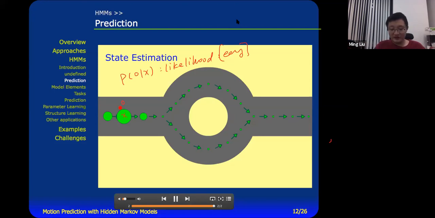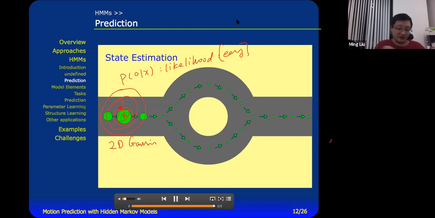Maybe a Gaussian? Yeah, very good. You can have a two-dimensional Gaussian distribution. How do you define the Gaussian? Can you further elaborate? You can choose the mean of the Gaussian as the state. That's the mean, and then I define my Gaussian distribution.